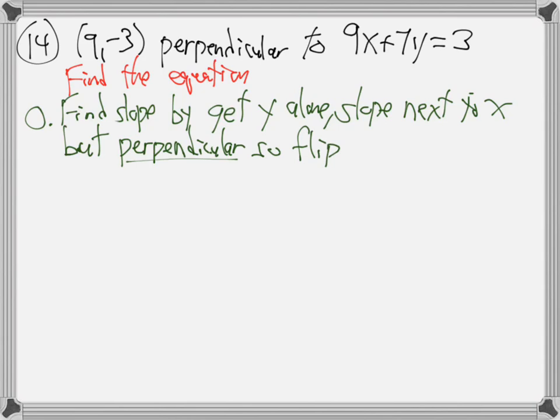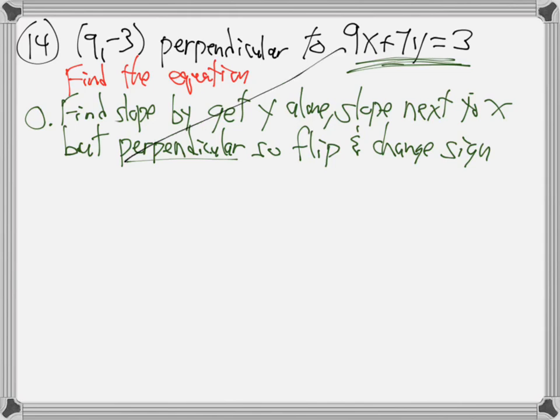So flip it and change the sign. Does that make sense? It's not the right slope at first. Our line is perpendicular to that slope. So it's opposite of that slope. So when we get the slope that comes out of this equation, to get our slope, we got to take that one and flip it and change the sign. Is that good? Let's do it.